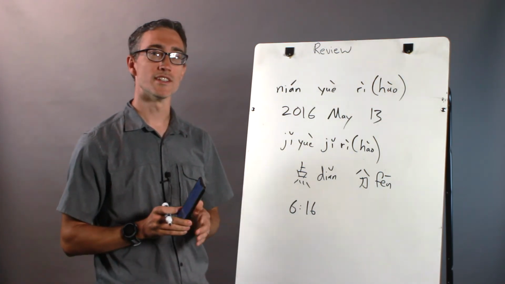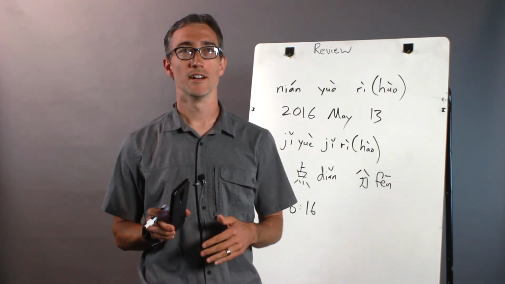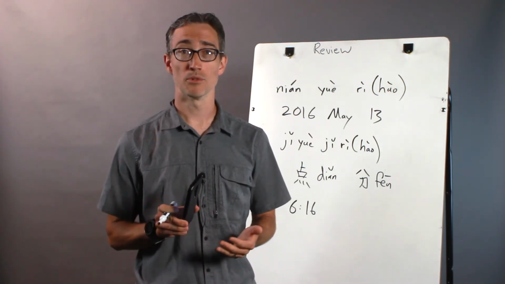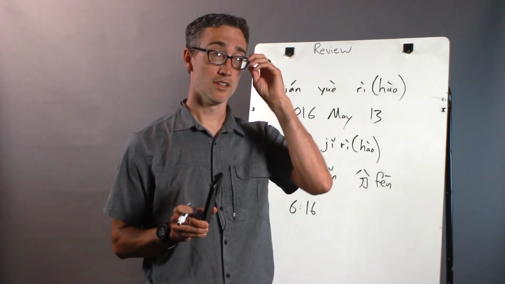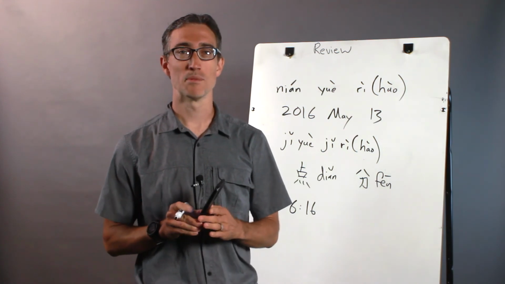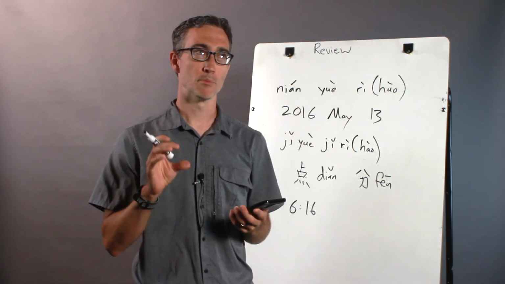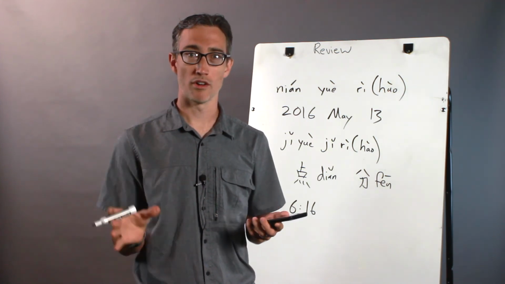I did want to mention that in China, it's most common to use a 12-hour format. But you will also hear some people talk about using 24-hour format. So for example, 5 o'clock would be 17 o'clock. Sometimes people use that just for clarity. But more often than not, people use the 12-hour format.